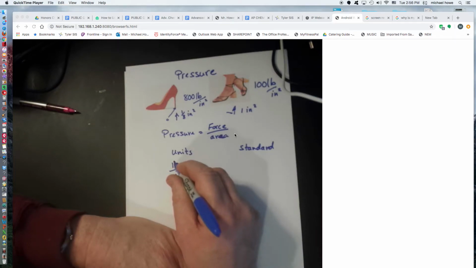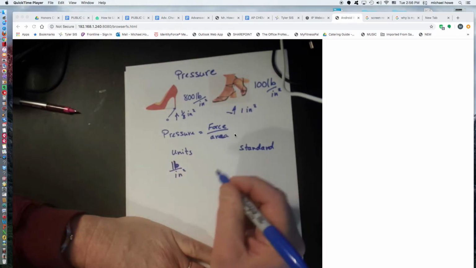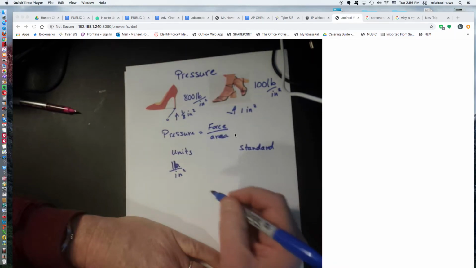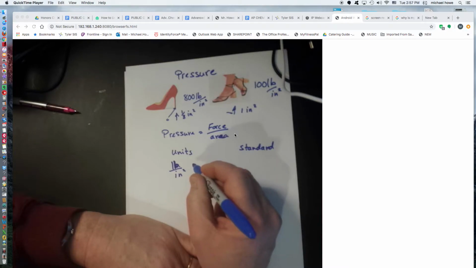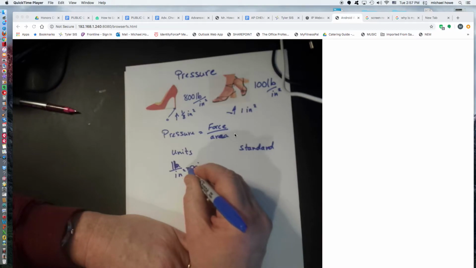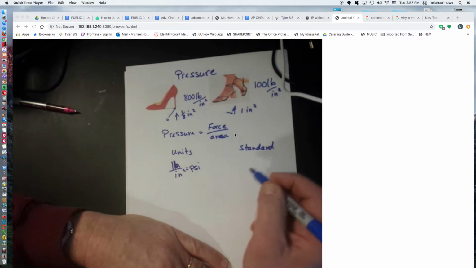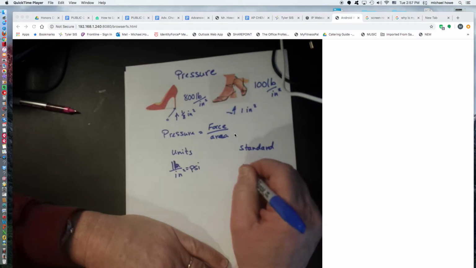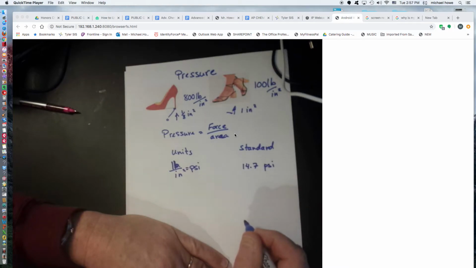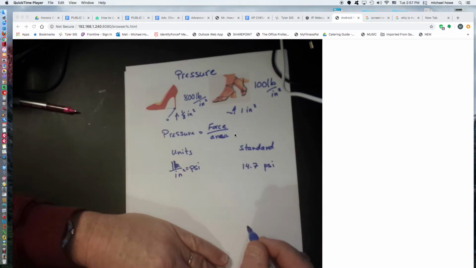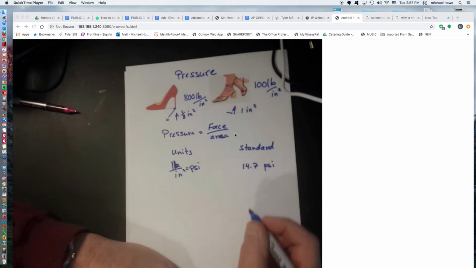So it's lb, pounds per square inch. If you ever pump up a car tire, you'll see a pressure gauge measured in PSI. So what's PSI stand for? Pounds per square inch. And the atmosphere normally exerts on us 14.7 psi, which means that on every square inch of your body there are 14.7 pounds of force exerted by the atmosphere.